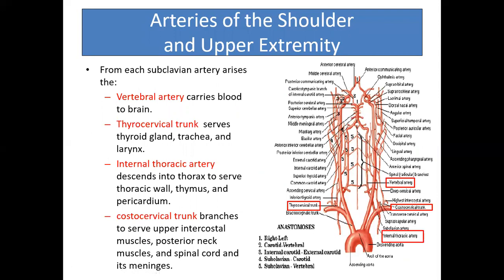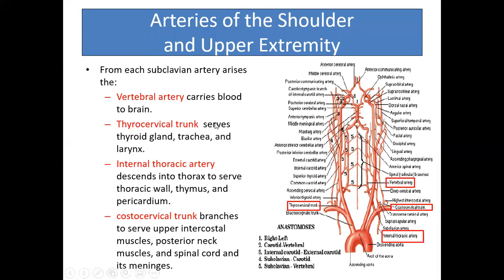Now we're going to discuss the arteries of the shoulder and also the upper extremity. From this picture, you can see the subclavian artery. This is the right subclavian artery. This is the left subclavian artery.